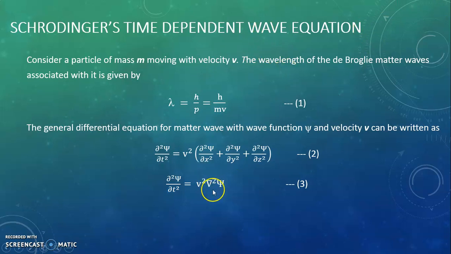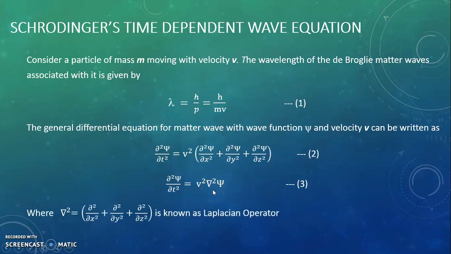In equation 3, del square is the Laplacian operator having value del square upon del x square plus del square upon del y square plus del square upon del z square. So we get equation number 3 as del square psi upon del t square is equal to v square del square psi.